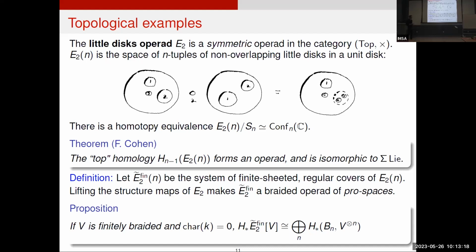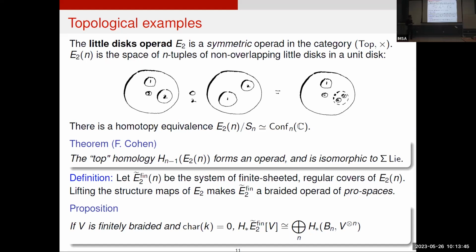Let's form an inverse system. Let's study the inverse system of all finite sheeted regular covers of the terms in the little discs operad, or equivalently, all finite sheeted regular covers of the configuration space. This is an inverse system because covering spaces form an inverse system.